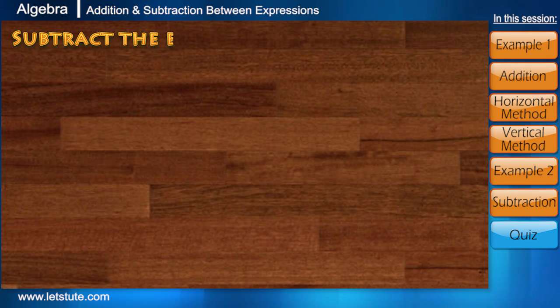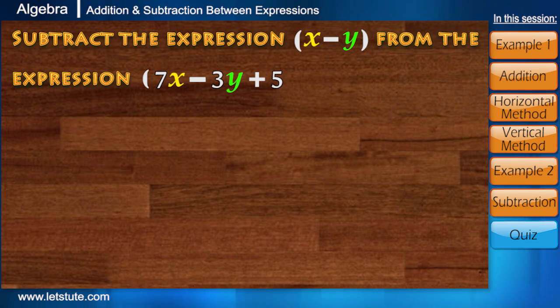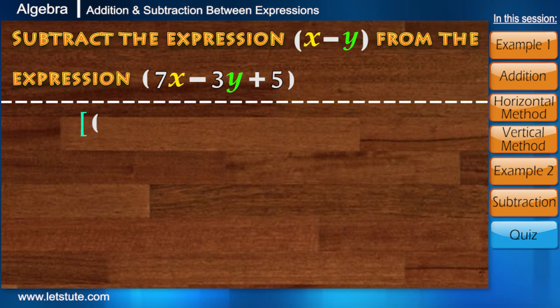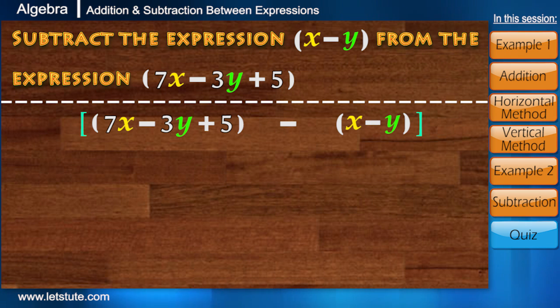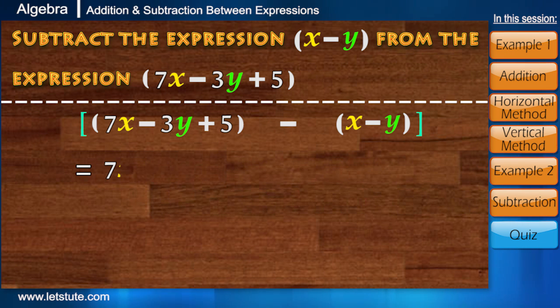Subtract the expression x minus y from 7x minus 3y plus 5. So from 7x minus 3y plus 5, we have to subtract x minus y. We will first open the bracket. So 7x minus 3y plus 5 minus x minus y.